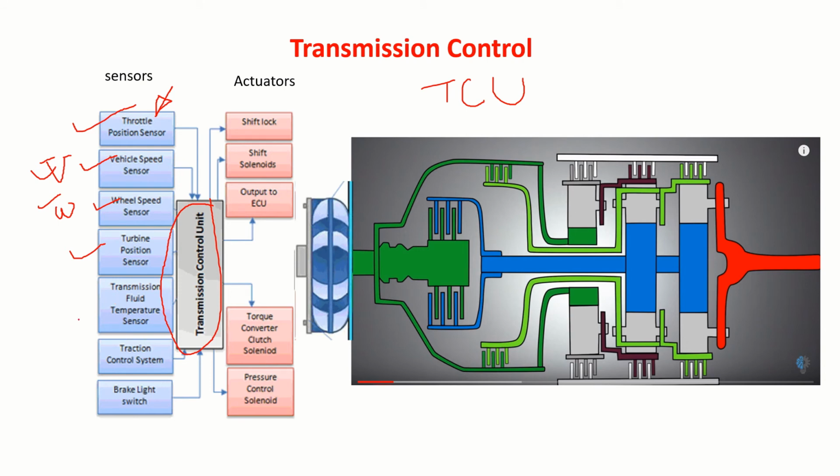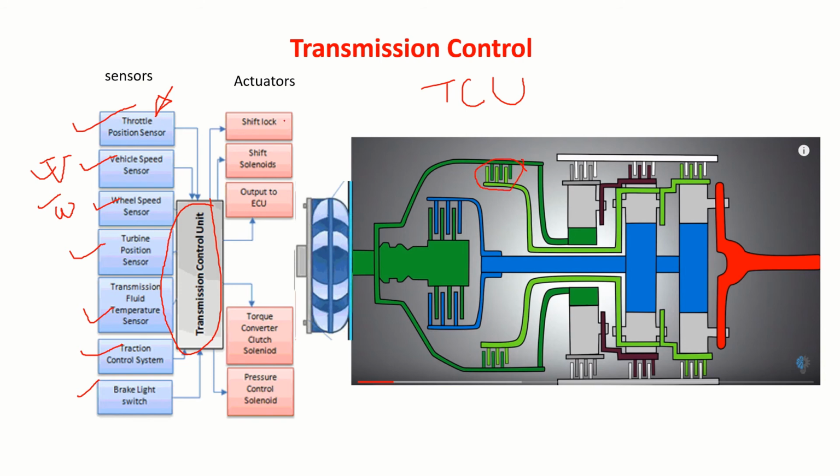Then the transmission fluid temperature. Then the traction control system operation, if required. Using these values, you can operate the traction control system and control speed. Then the brake light switch. Based on what speed is required, the solenoids or clutches have to be operated.